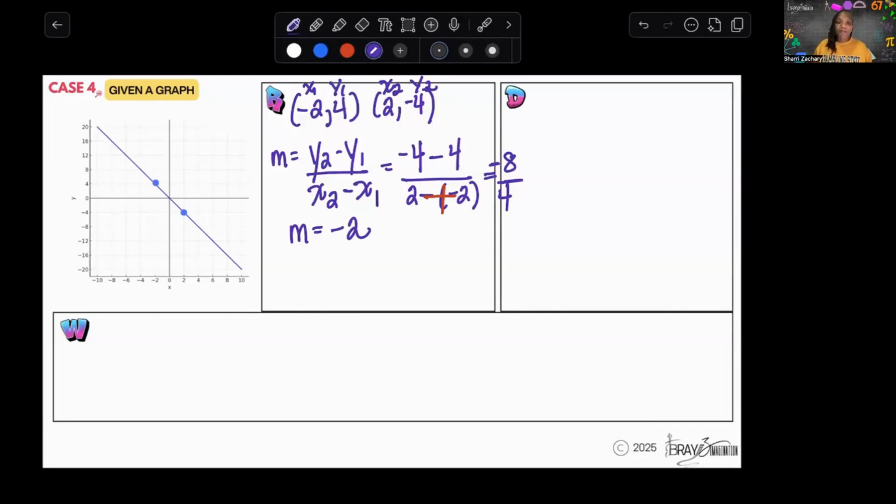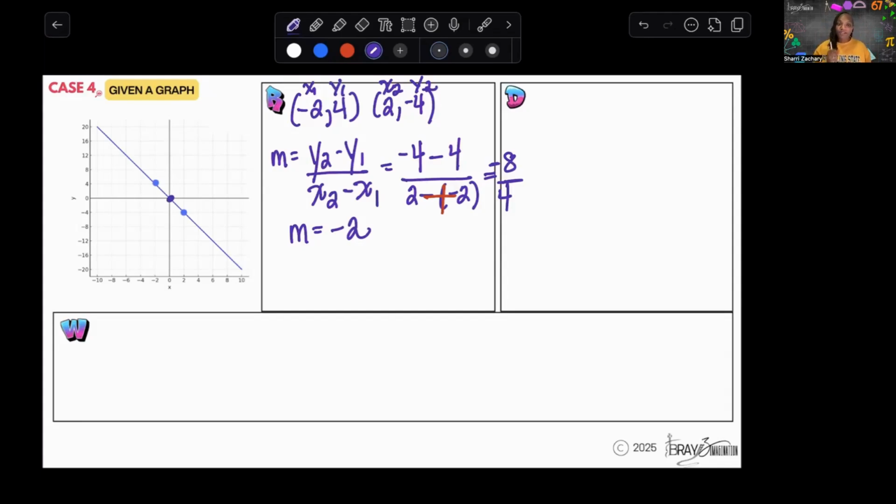Now I need to determine, does the line pass through the origin? Well, looking at this graph, it does. But what if I'm not sure? Because it may be a hair off. It may just be slightly off. How can I check it?